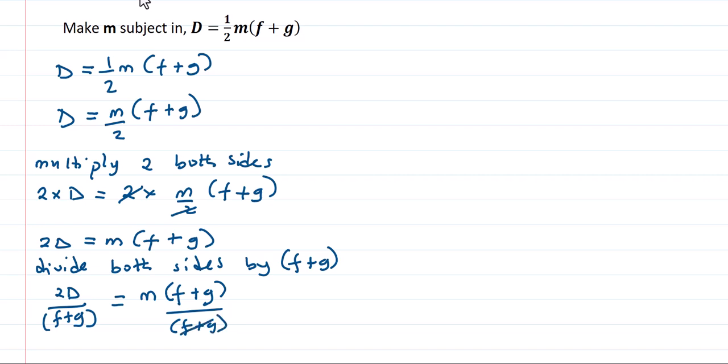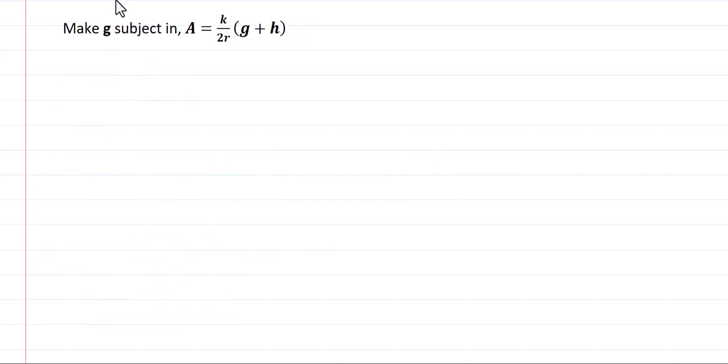So the f plus g cancels out here. Then finally we are left with 2d all over f plus g is equal to m, and we have simply solved for m.